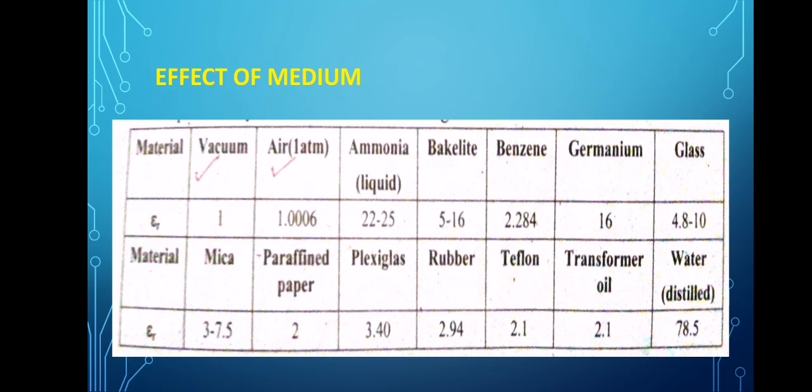Here in the table, the values of the relative permittivity of various dielectrics are shown, for vacuum, air, ammonia, bakelite, benzene, and up to water.